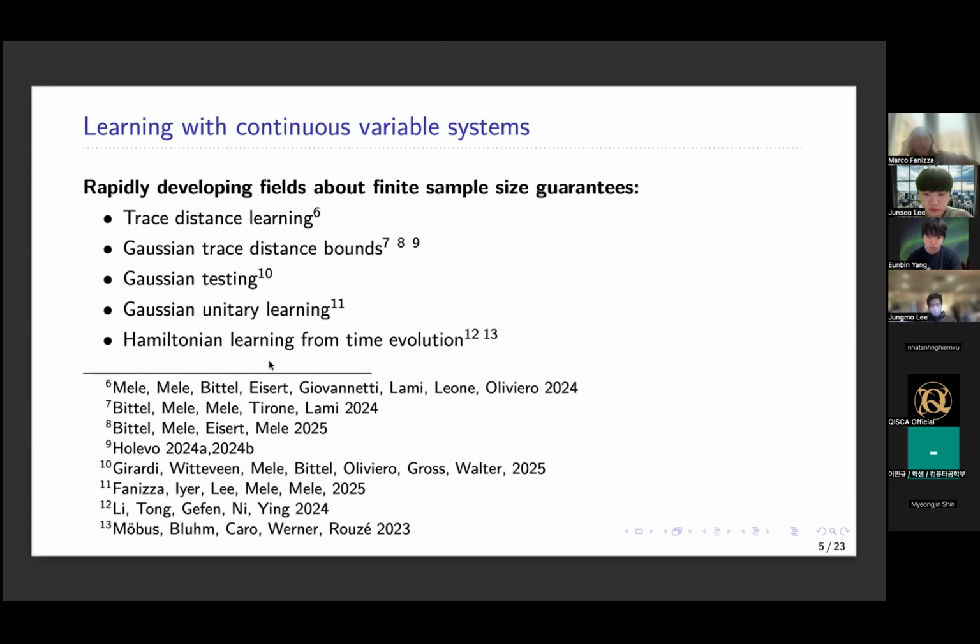I can mention now, just to recall, the recent results in quantum continuous variable learning that have appeared really recently, such as general trace distance learning results, Gaussian trace distance learning and Gaussian trace distance bounds, Gaussian testing, Gaussian unitary learning, and also Hamiltonian learning for time evolution, for example.